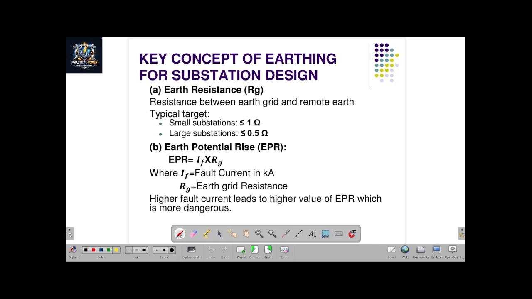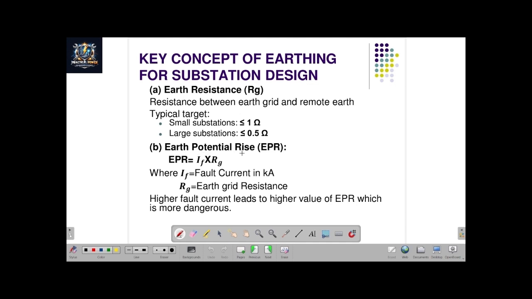What are the key concepts of earthing for substation design? First, the earth resistance, RG, the resistance between the earth grid and the remote earth. For a typical small substation it is generally less than or equal to 1 ohm, and for a large substation less than or equal to 0.5 ohm.